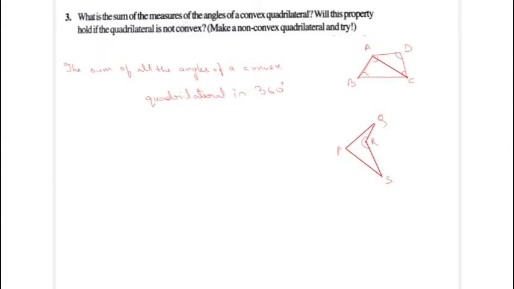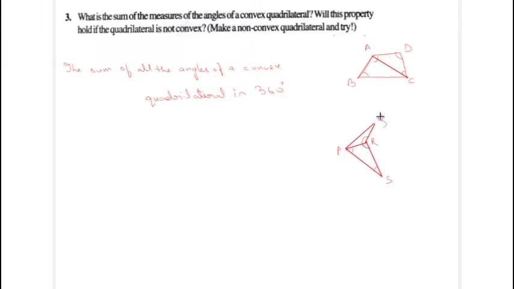Okay. Now similarly if you draw a diagonal here, you just divided this quadrilateral into two triangles. Okay. Now from this triangle PSR, what you will get that sum of the angles of this triangle is equals to 180 degree. Okay.